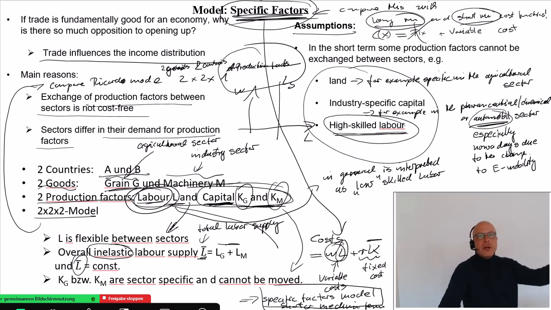And then in the long run, you argue, well, in the long run, there are no fixed costs because you can sell your machinery and buy some other capital which you can use then. And more or less the same argumentation we have here, that in the long run, we should look at the situation when all factors are flexibilized.